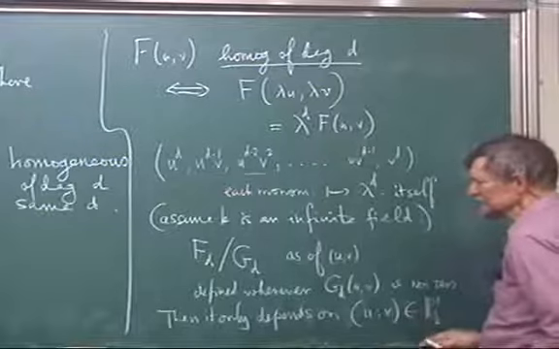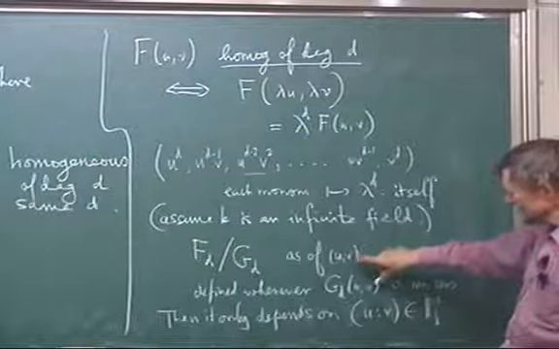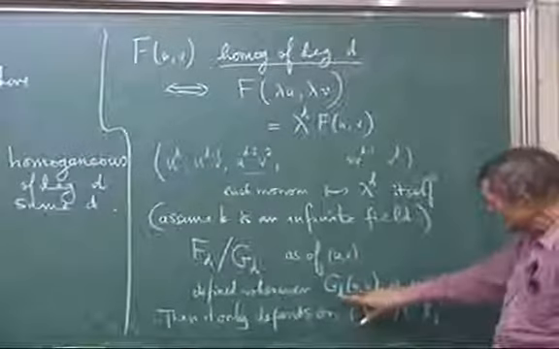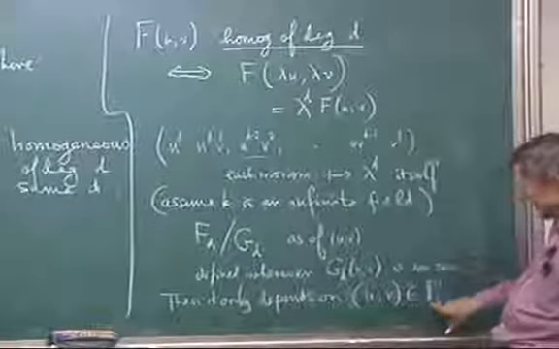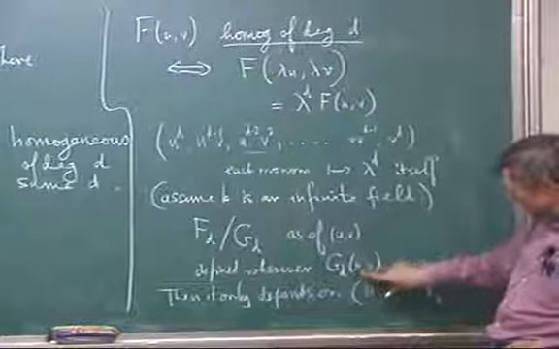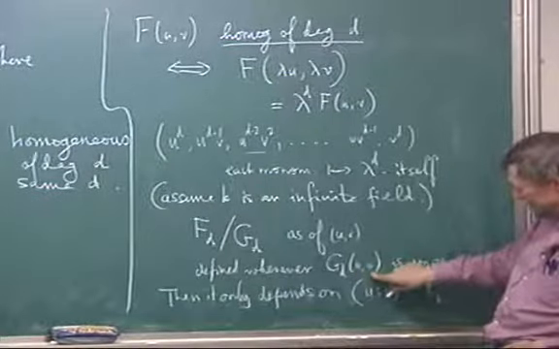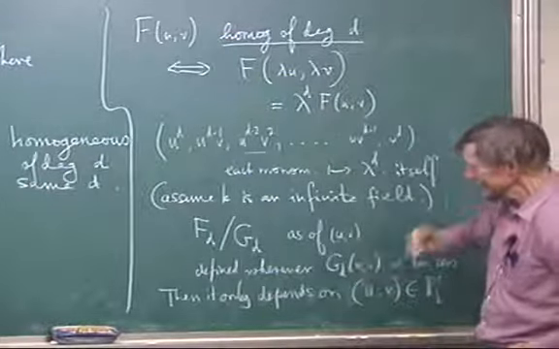I'm not allowed to write gd of uv as a function of a point in P1, because it depends strictly on which choice I've made for u and v. It depends by this factor lambda to the d.